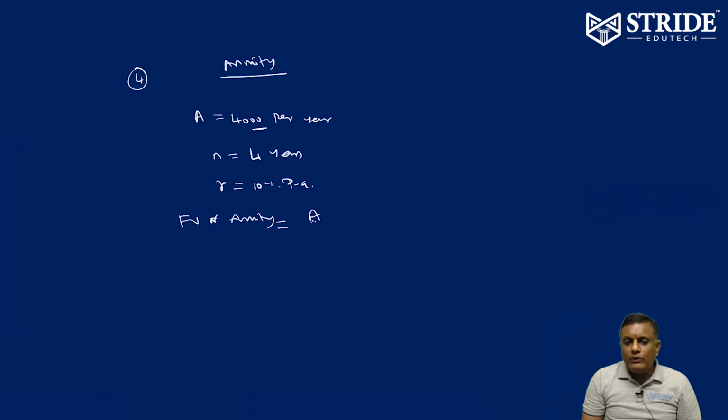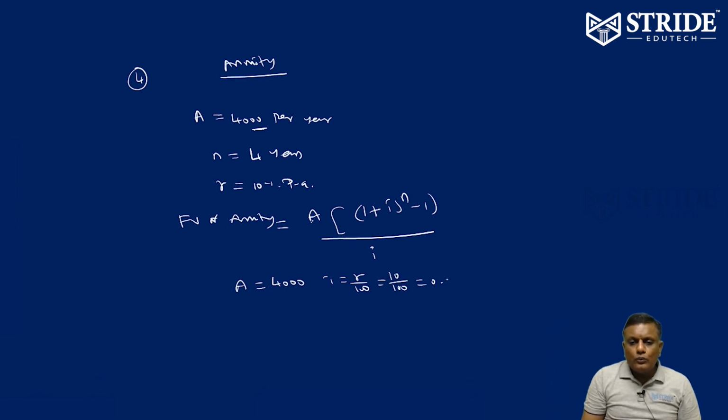So the future value of annuity is equal to the annual installment, annual payment or annual deposit A, into 1 plus I whole power n minus 1, by I. A is equal to the annual installment, that is 4,000. I is equal to R by 100, that is 10 by 100, that is equal to 0.1. N is equal to 4 years.